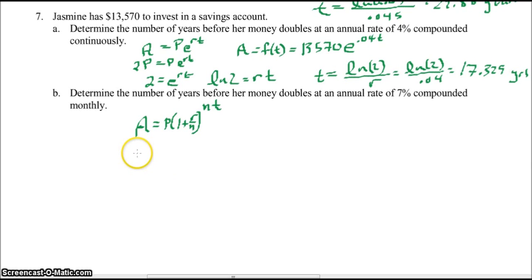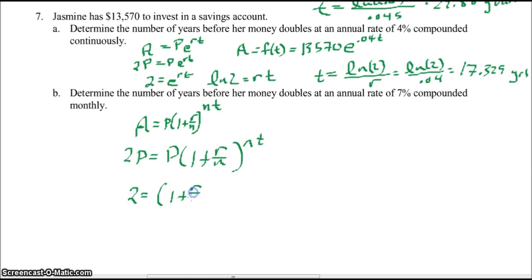So again we want the money to double, so 2P equals P(1 + r/n)^(nt). We can divide both sides by P. That cancels out. And we're compounding monthly, so n is 12.